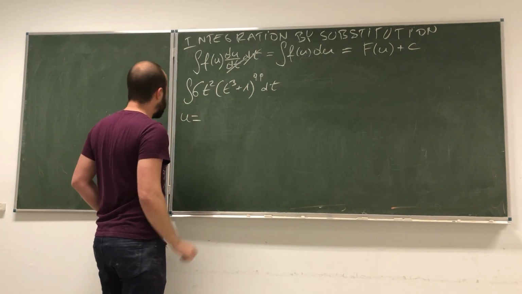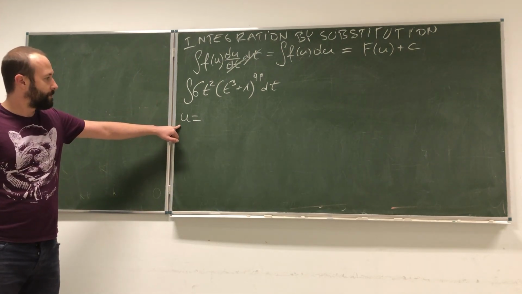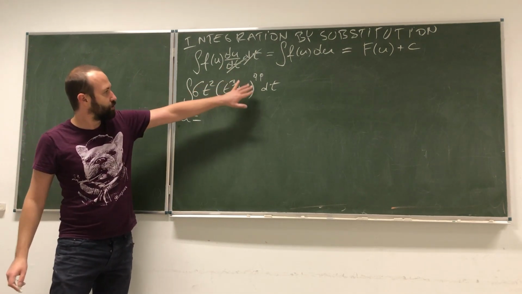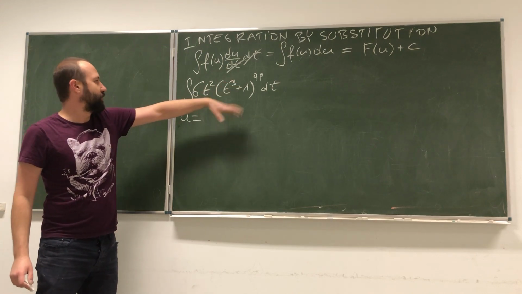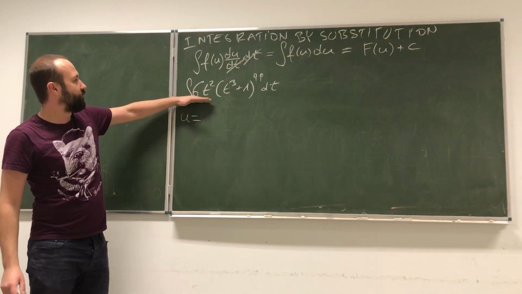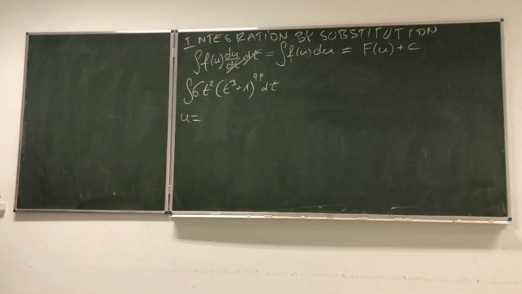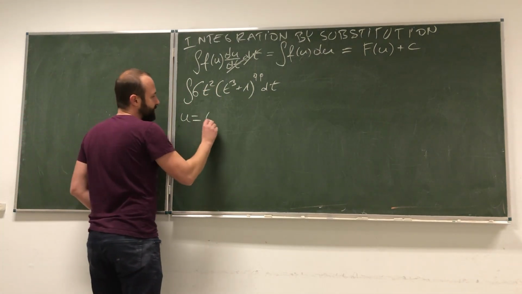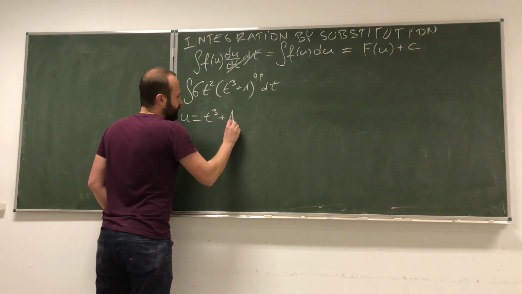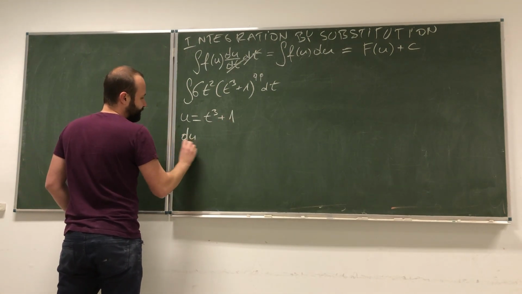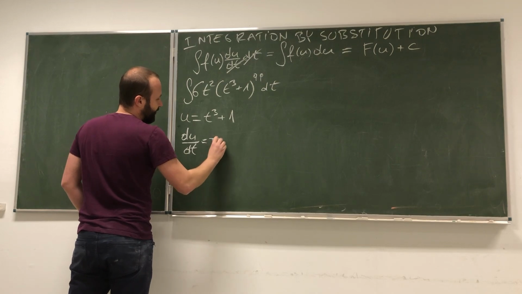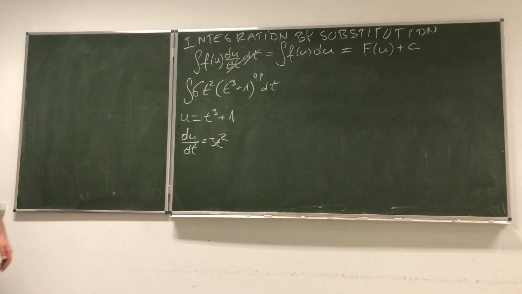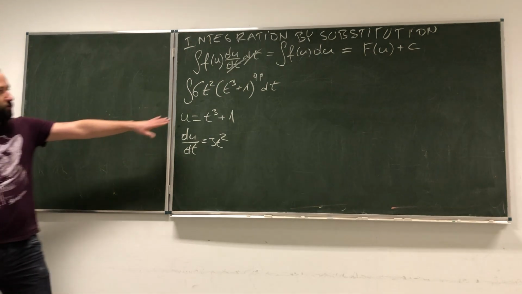Just like before, we need to assume that u is some part of this function so that derivative of u will be over here. And clearly in this case, the best candidate for u is t cubed plus 1. Then du dt is given by 3t squared.